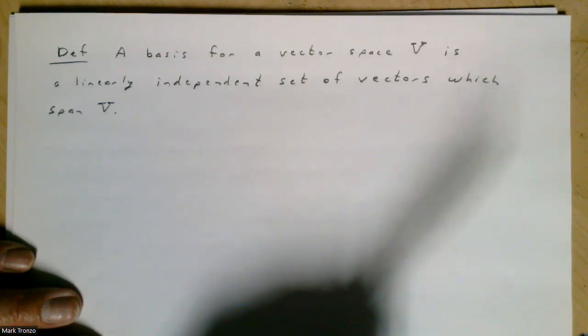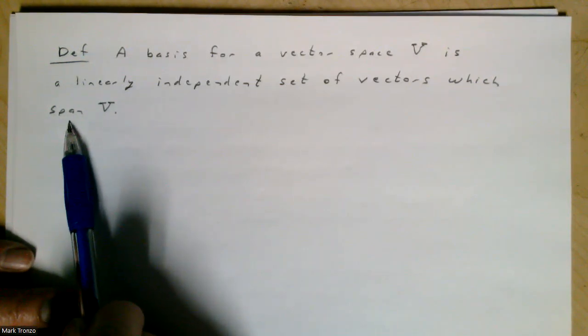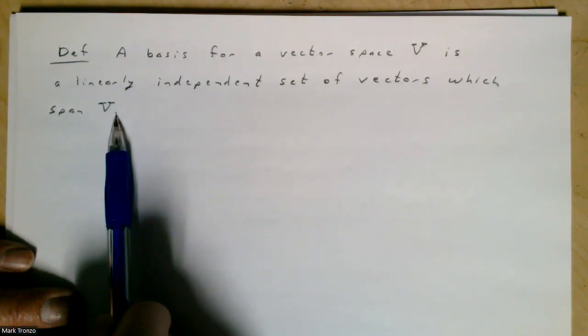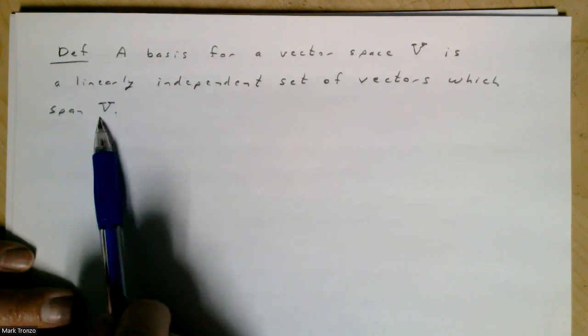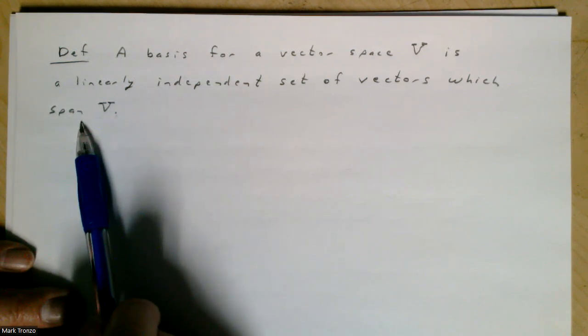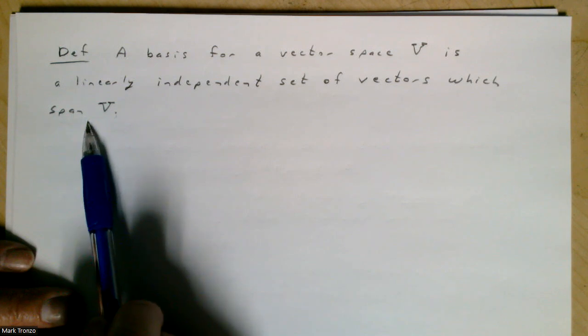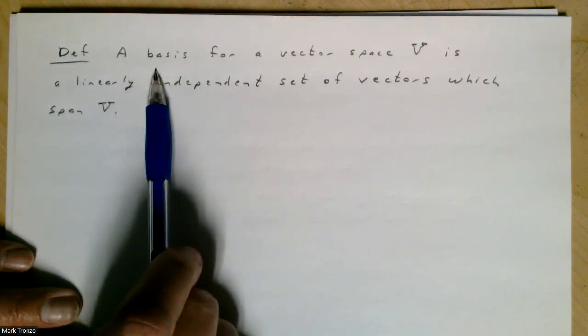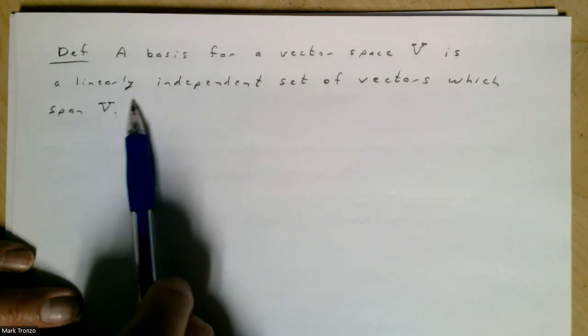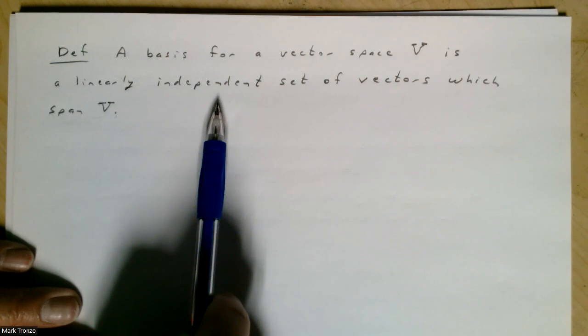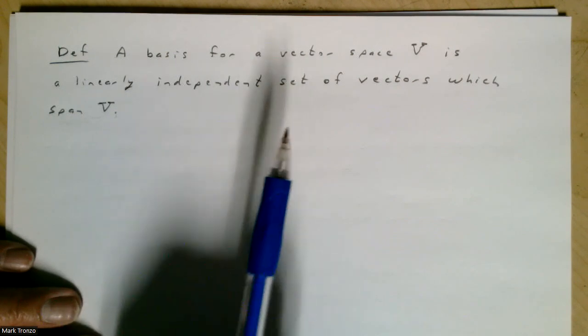Because notice this set of vectors has to span V, and it's also linearly independent. Now the fact that it spans V, again, remember the span means you can get any vector in the space by taking a linear combination of the basis. And the fact that the set is linearly independent means you really don't have any extra vectors in the set.